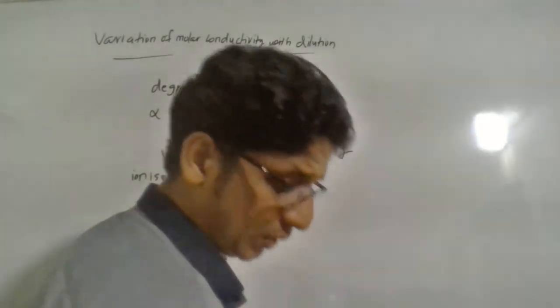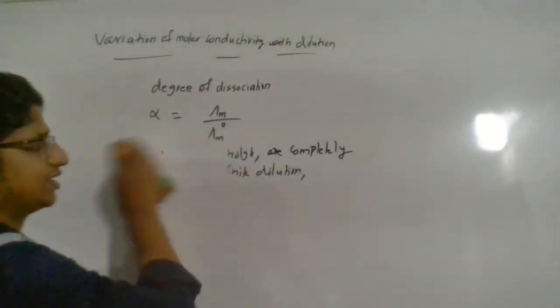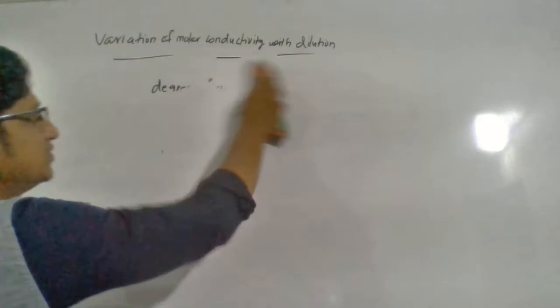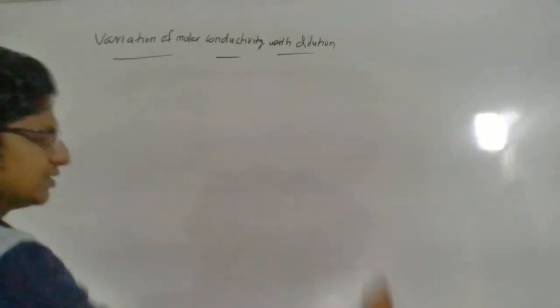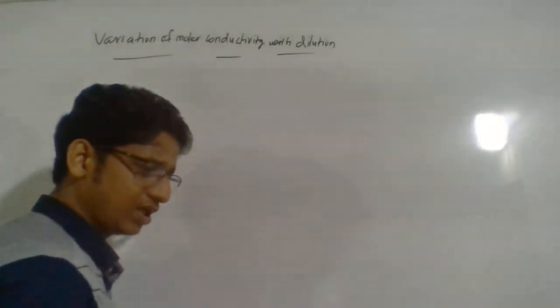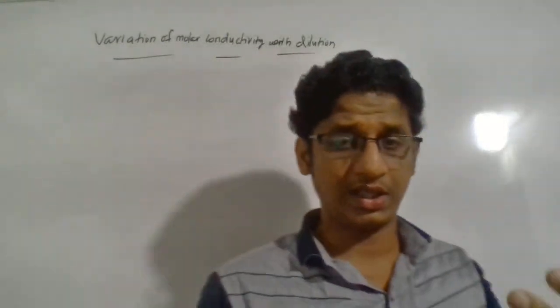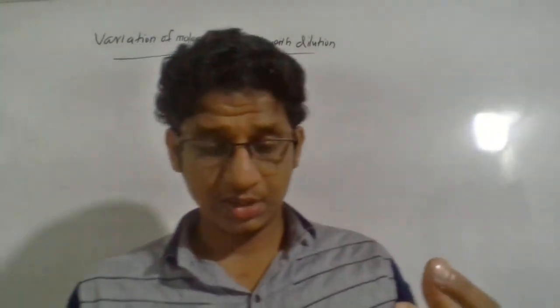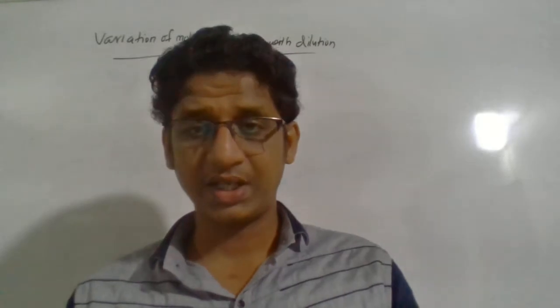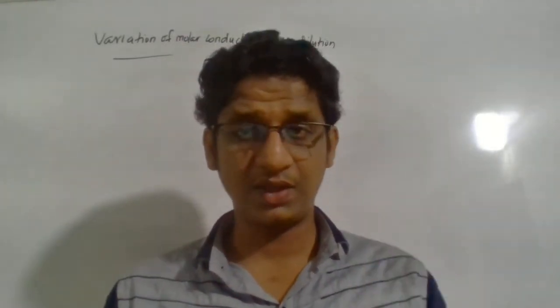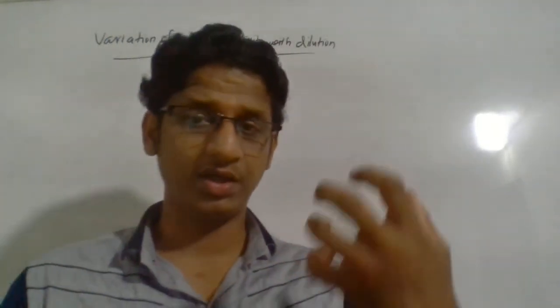Let's talk about equivalent conductivity. We discussed what equivalent conductivity is yesterday. So equivalent conductivity is again similar. This time, instead of 1 mole of an electrolyte as in molar conductivity, in equivalent conductivity it is all about 1 equivalent of an electrolyte.